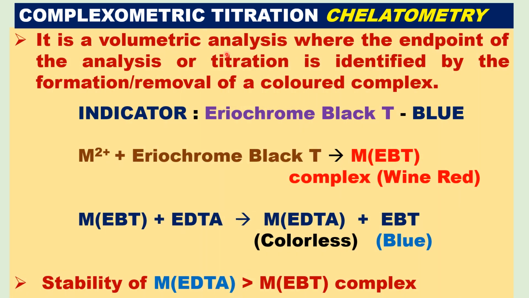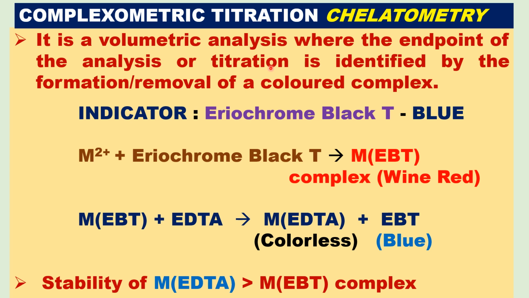Let us now study complexometric titration. It is also known as chelatometry. It is nothing but a volumetric method where the end point is marked by the formation or removal of a colored complex.